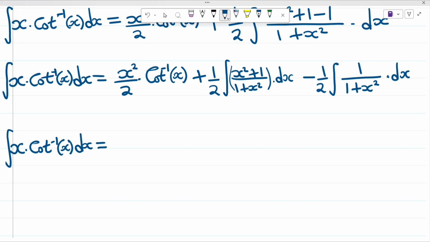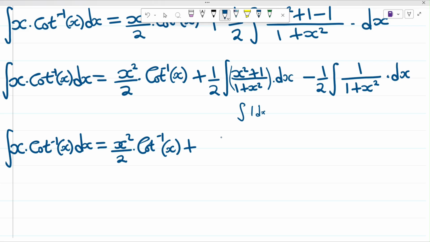So the integral of cot inverse of x dx is going to be, so now I'm just copying, right? x squared over 2 multiplied by the cot inverse of x, plus, here we're integrating what? It's more like the integral of 1 dx, understand?